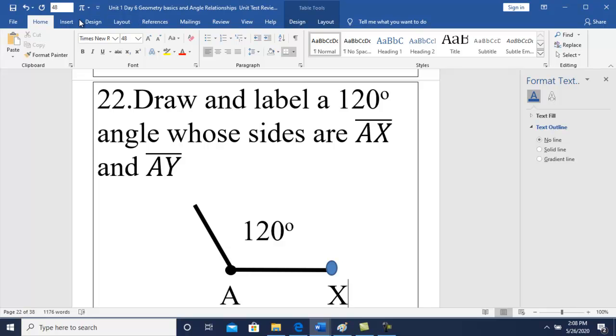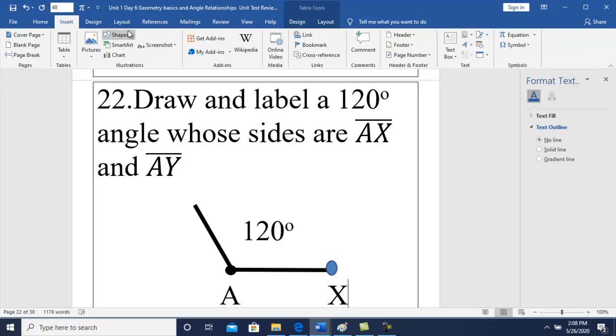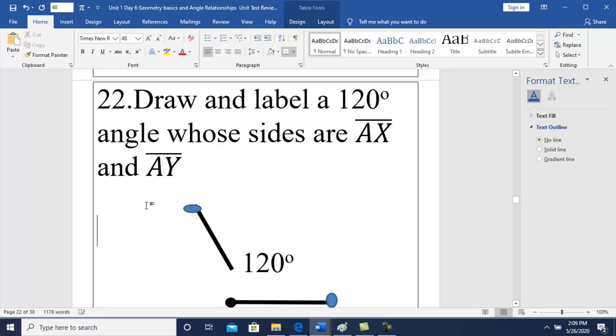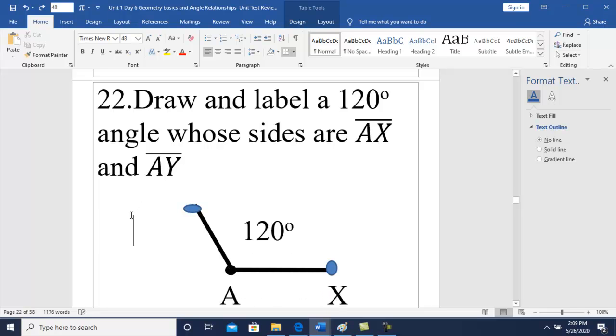And we need one more point for this one. We'll call this Y right here. Okay, so there you go. That is an example.